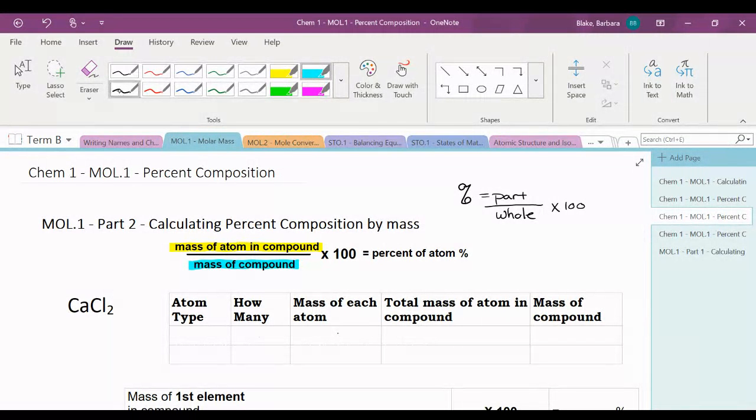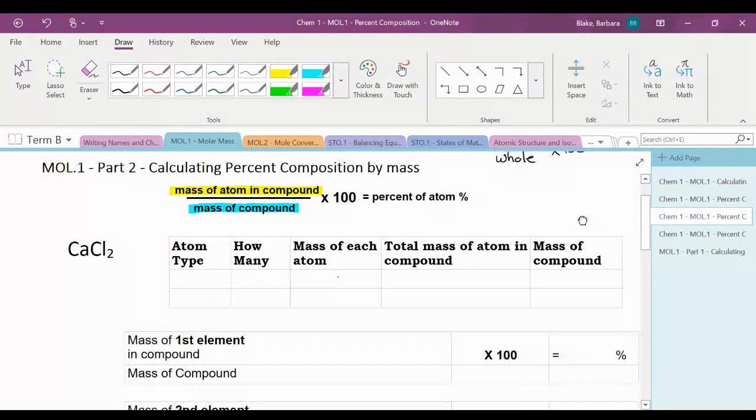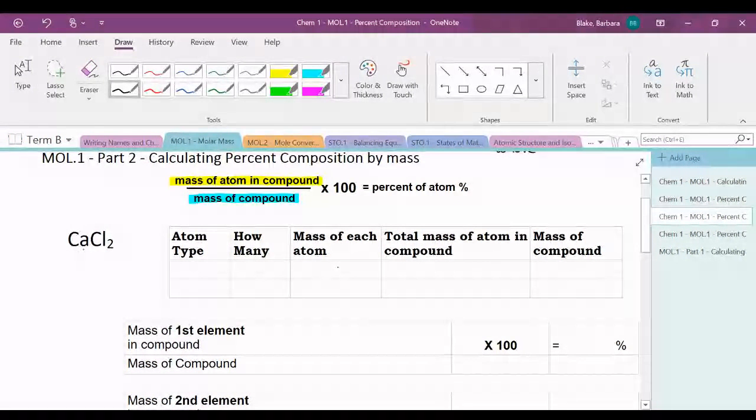So the first step in this is really to find the molar mass. And this should look a lot like what we were doing yesterday. So in this compound, I have calcium and I have chlorine. And how many refers to how many pieces. That's the subscripts. If I look next to calcium, there is no number here.